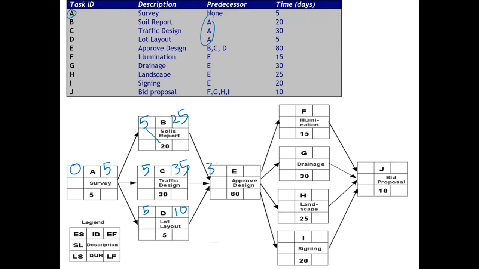We'll be choosing the largest of the three, 35, which will bring us to 115, which will be copied here, and then we have to add. And J is a merge activity again. So we will be choosing the largest of the values, 145 and 155. This way we will complete the forward pass, and then we can do the backward pass in a similar manner.